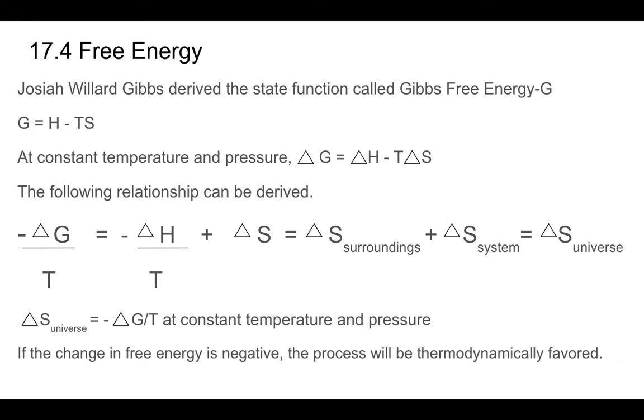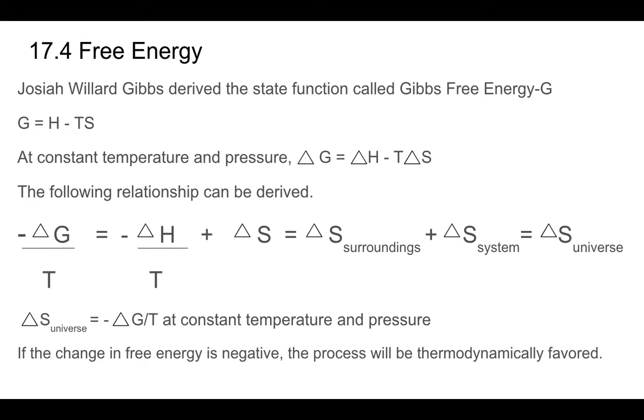Now, to get a little insight into why he developed this particular relationship, why he chose H minus TS to be his capital G, let's take this equation, delta G equals delta H minus T delta S, and let's divide both sides by negative T. Now go with me here because we're doing this for a reason.